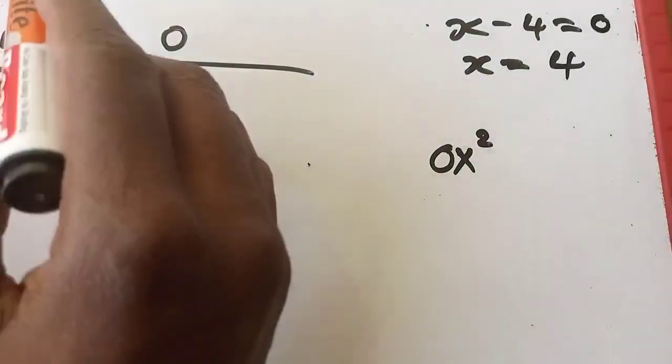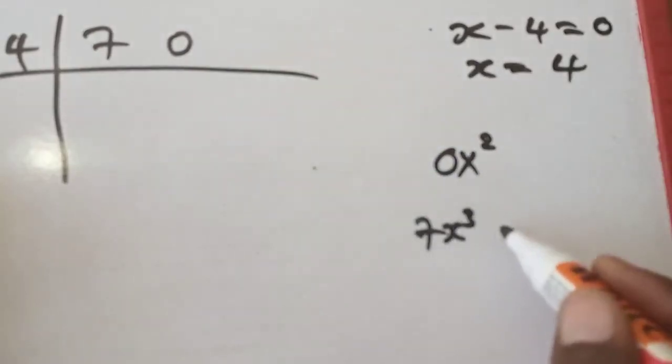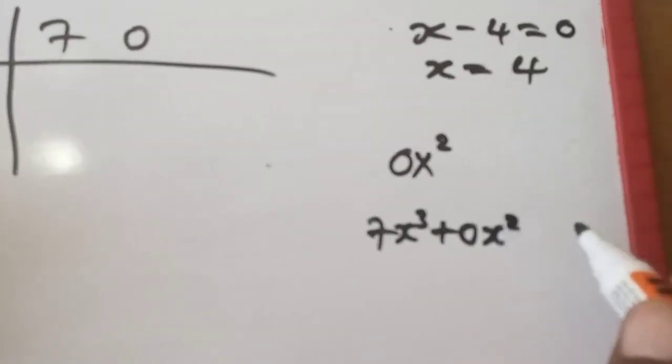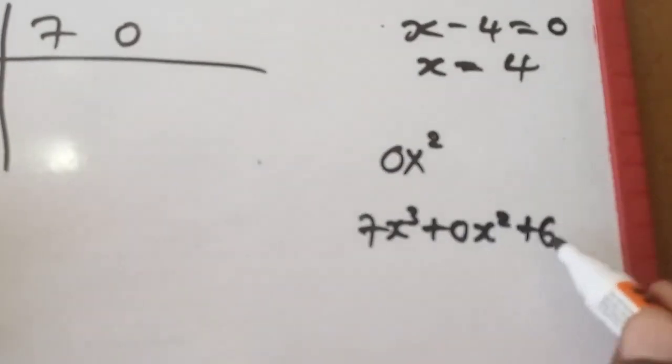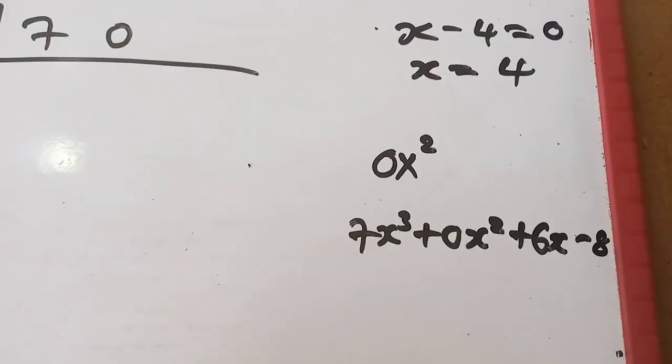This polynomial is just like 7x to the power 3 plus 0x to the power 2 plus 6x minus 8. That is how that polynomial is.